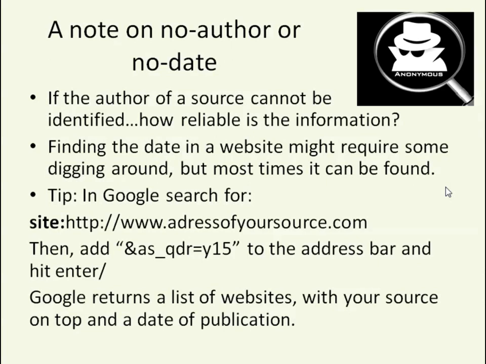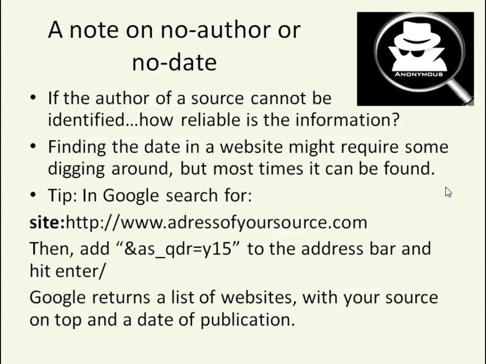There's also the issue with having a source that has either no author or no date, and that's very common for electronic sources. So an important thing to consider, if you're using something that has no author, is whether there is either a person that is assumed to be the author of the work, or it could also be an organization that is putting out that information.